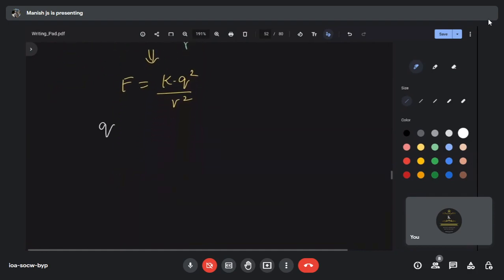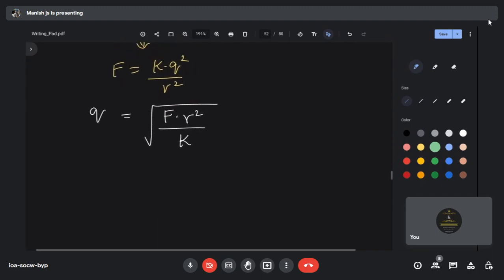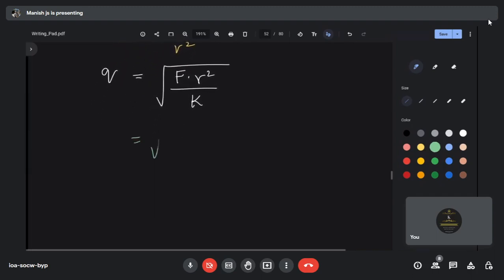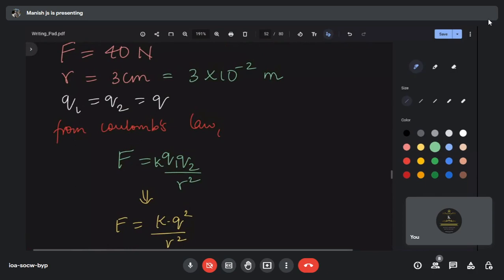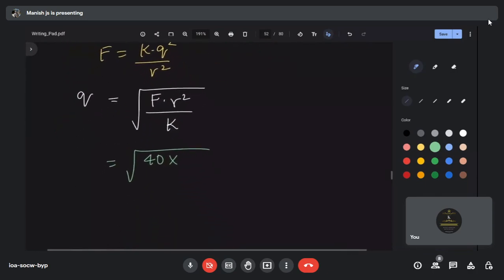So what do we need here? We want only Q. So keep Q on one side and shift all other terms to the other side. What do you get? You get F into R square by K, under root. Now you wanted only Q, not Q square. So substitute the values. F is 40 newtons. So 40 into R square. R square is 3 into 10 power minus 2 the whole square. 3 square is 9. 10 power minus 2 the whole square is 10 power minus 4.